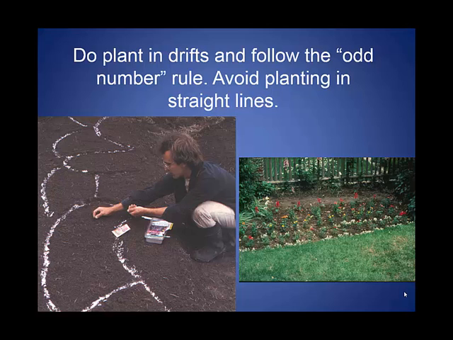You'll learn more about that in plant problem diagnosis, but throw in odd numbers, 3s, 5s, those kind of things, is usually what the landscape designers talk about. Not that you can't have 2 plants at the end of your sidewalk or something like that, but in general, 2, 2, and 2 of everything doesn't make the impact that you really want out of your landscape.